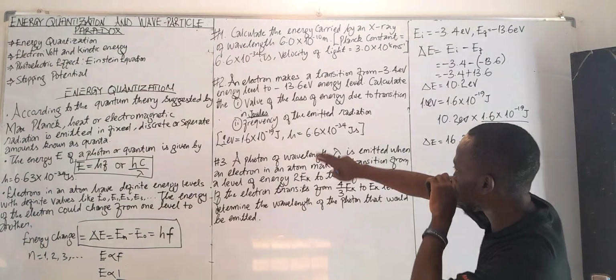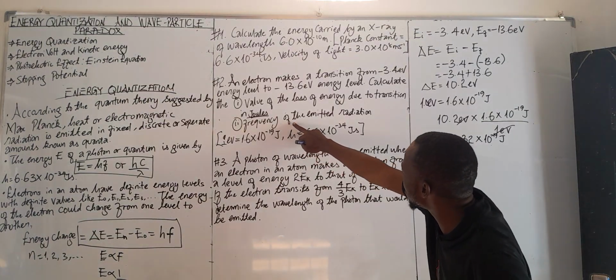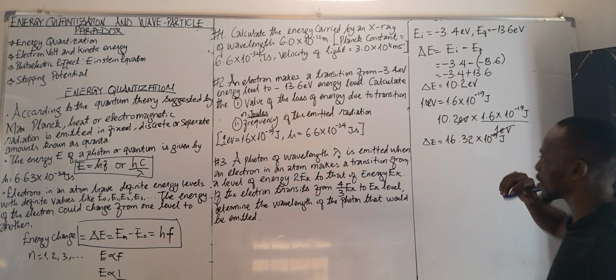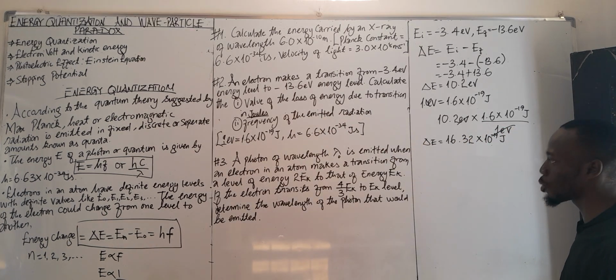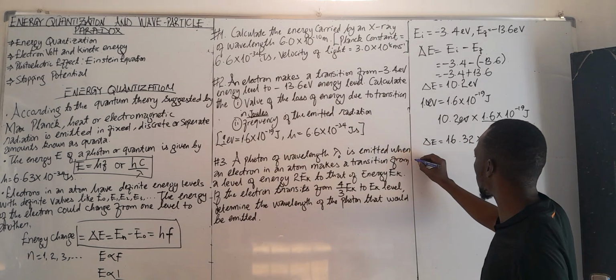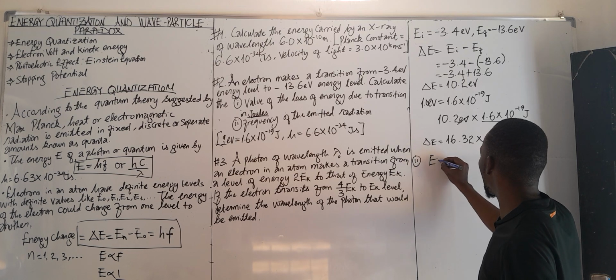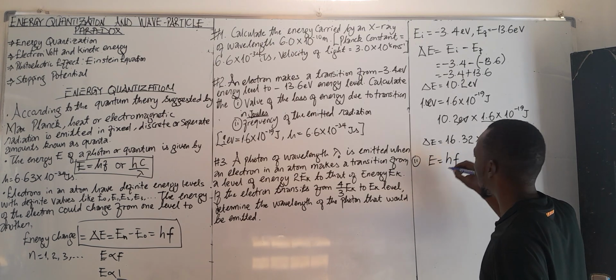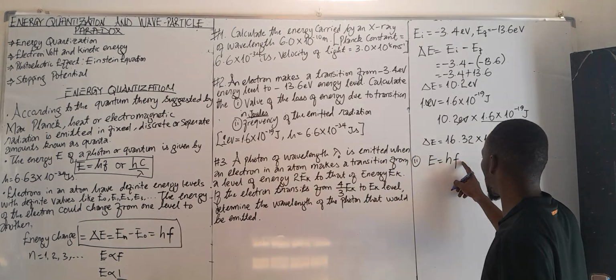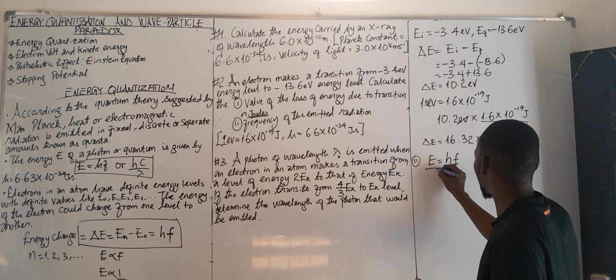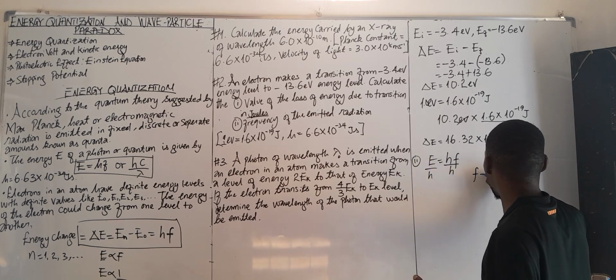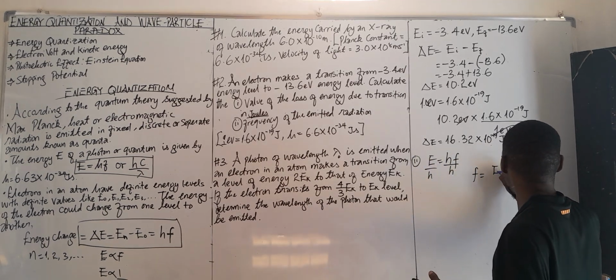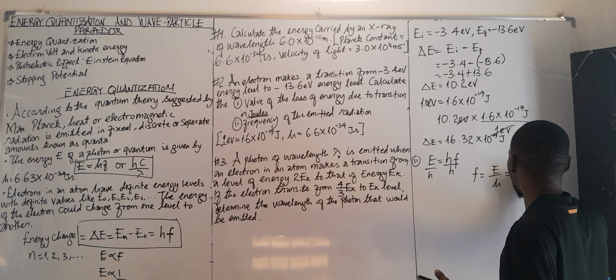Okay, now question 2. The frequency of the emitted radiation. So we all know that E equals hf. Now I ask for the frequency, so divide over h. So f equals E over h.